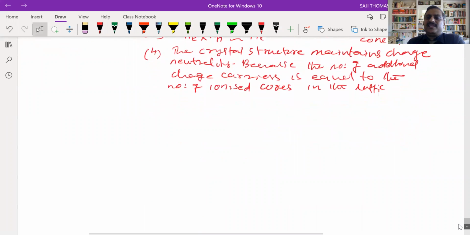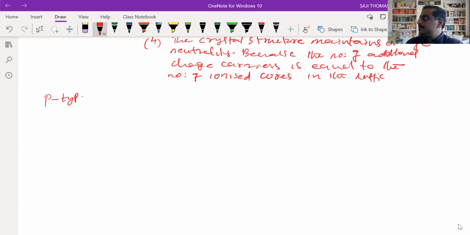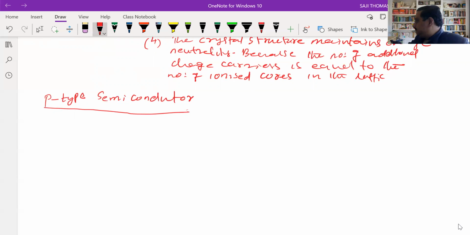If a pure semiconductor is doped with a trivalent impurity, we get P-type semiconductor.